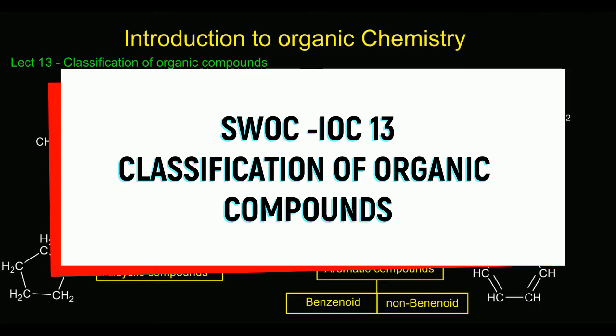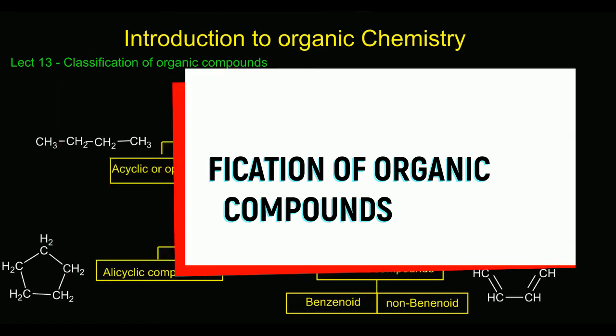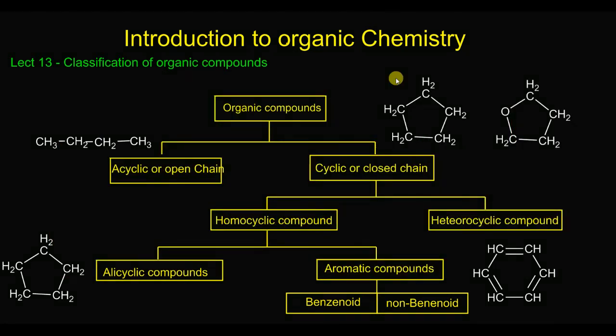In our last lectures, we showed you how to calculate the number of double bonds and the number of triple bonds within an organic compound. We did that by showing you that you have to know the number of hydrogen that is consumed by any given molecule.